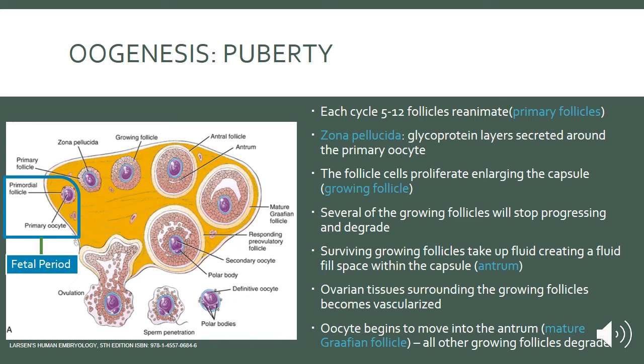Ultimately, the oocyte is going to move into the antrum, as the one surviving oocyte after all the others have degraded. Additionally, during this time, the tissue in the ovary surrounding the primary follicle begins to vascularize. It acquires blood vessels that are helping to support this process.